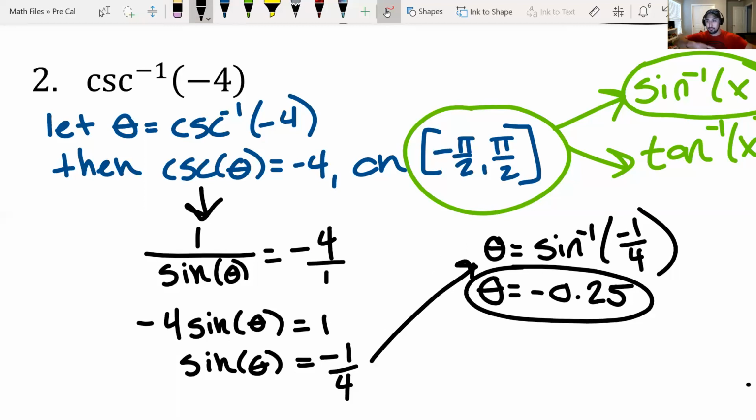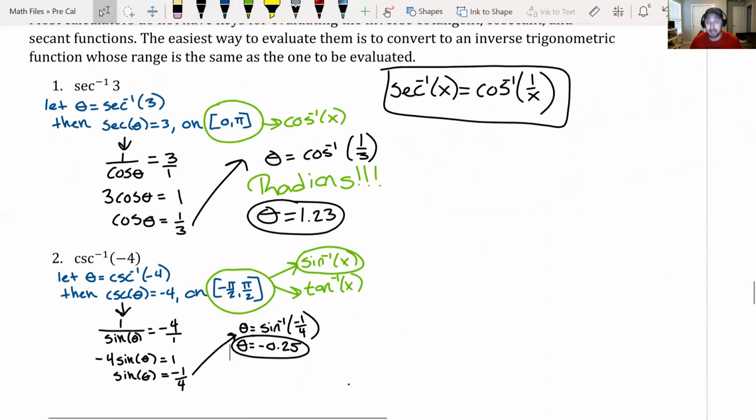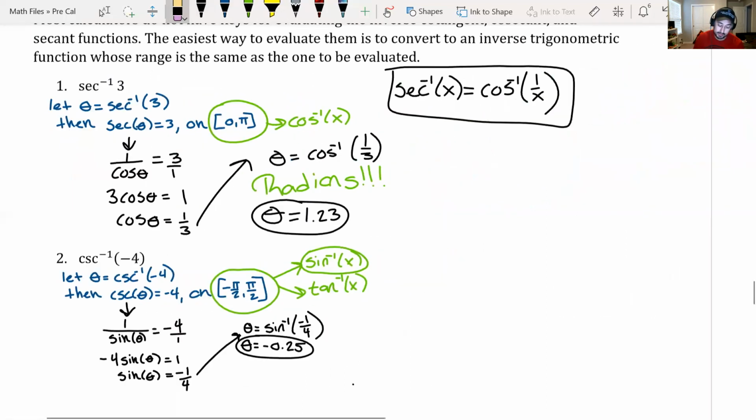Before moving on, realize that we created another formula to quickly calculate any inverse cosecant value.